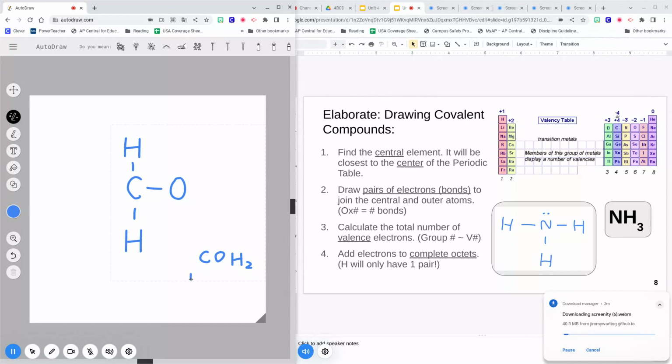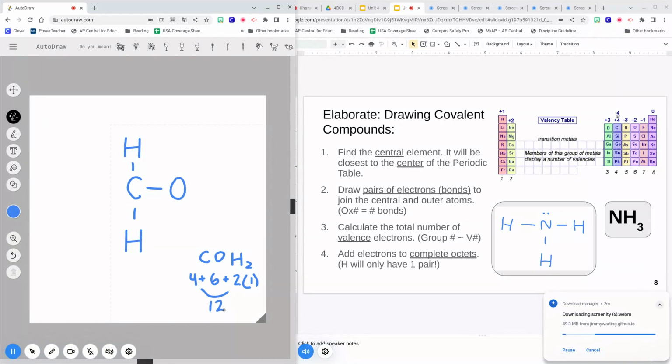So I'm going to add 4, because there's just 1 carbon, to 6, because there's just 1 oxygen, to 2 times 1, because there are 2 hydrogens. 4 plus 6 plus 2 times 1 is the same as 10 plus 2, so that is going to be 12.